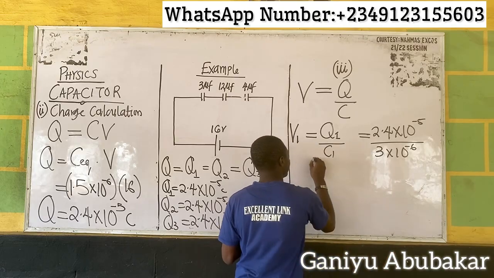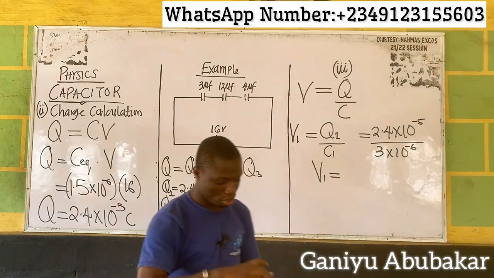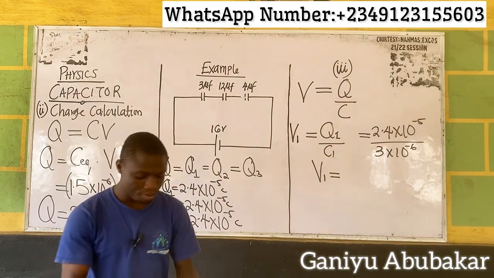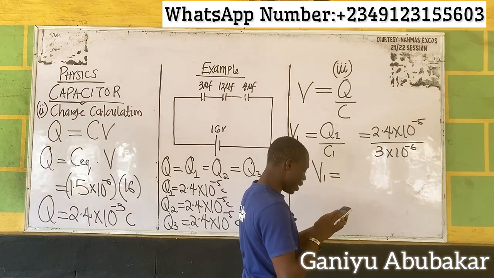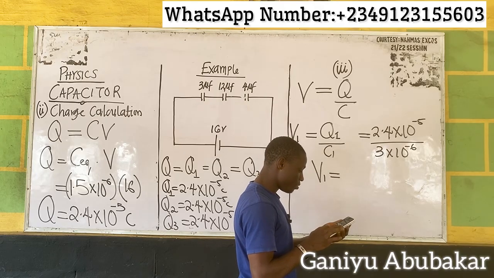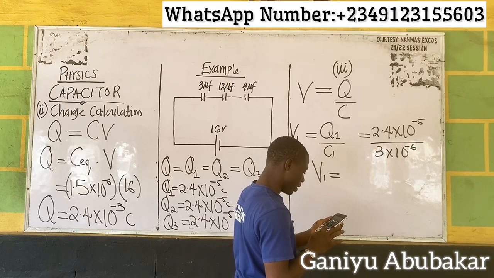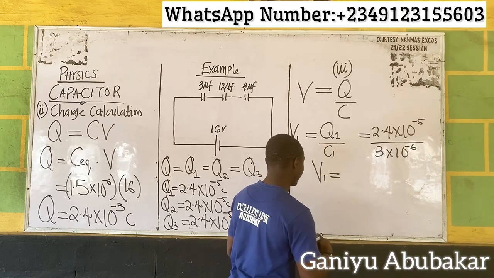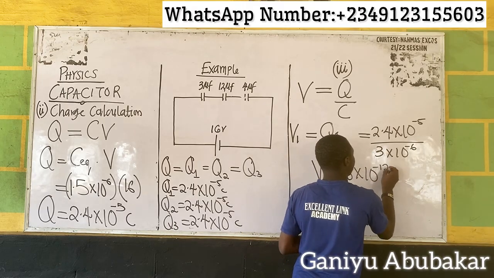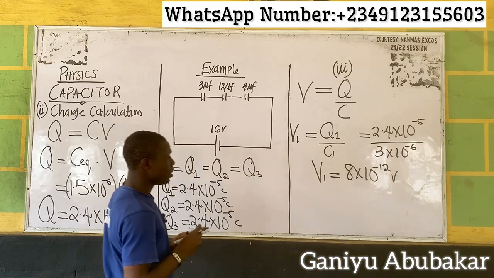Let's punch the calculator: 2.4 times 10 to the power of minus 5 divided by 3 times 10 to the power of minus 6. This gives about 8 times 10 to the power of minus 12. Potential difference is V. I've gotten V1. Let's get V2.